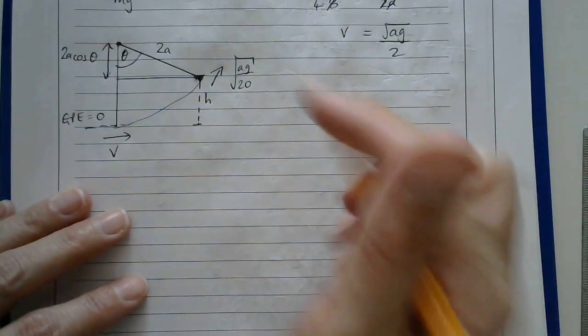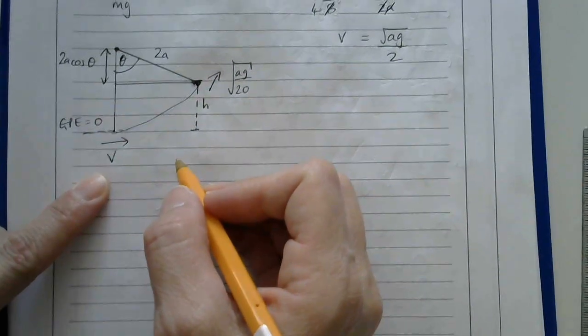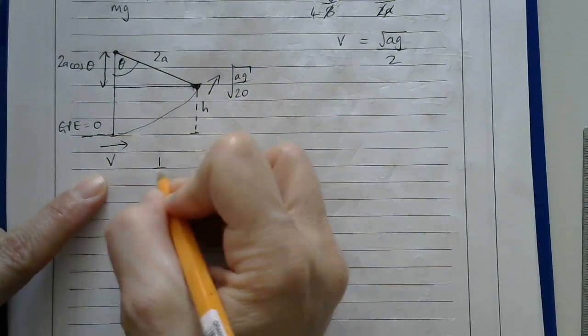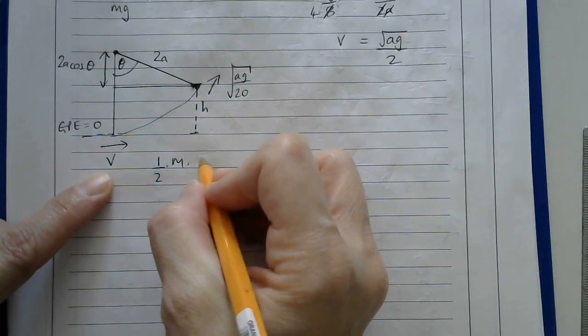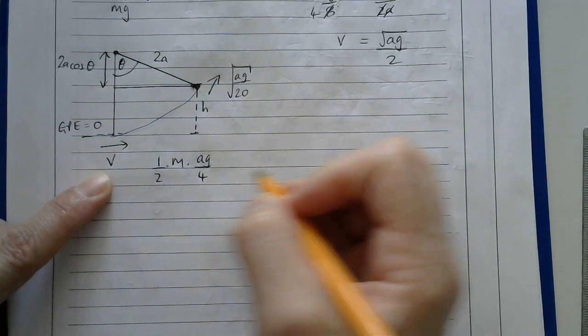Okay, so we have the kinetic energy in the beginning, half times m times v squared, and this squared gives me ag over 4.